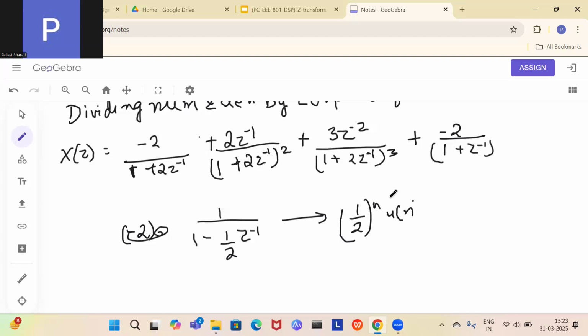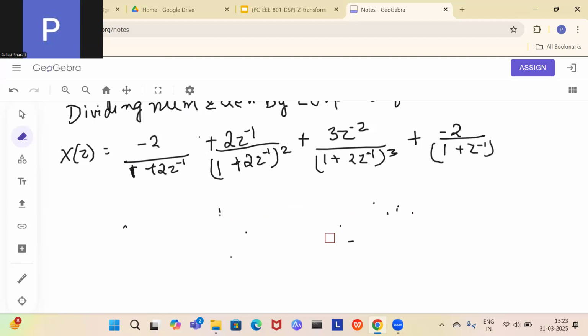Now here you see there is no z, there is a z inverse over here only. This is just to make you understand. Now what will happen is that there is a 2z inverse. First of all, there is a minus thing over there that you have to understand. Minus 2 to the power n u[n] will be there. And then actually what we have done is we have differentiated it. That is why we are getting some powers over there, right?